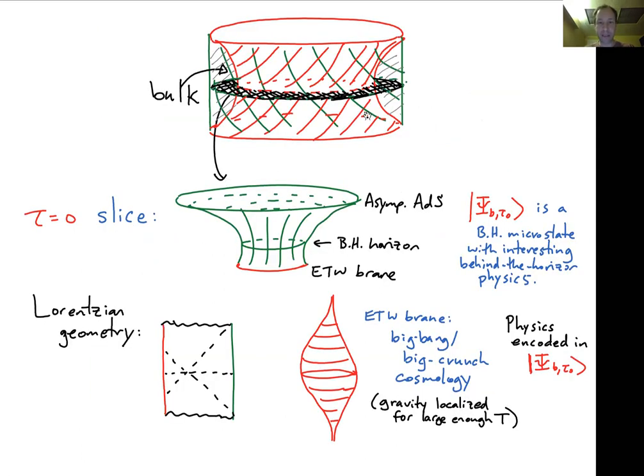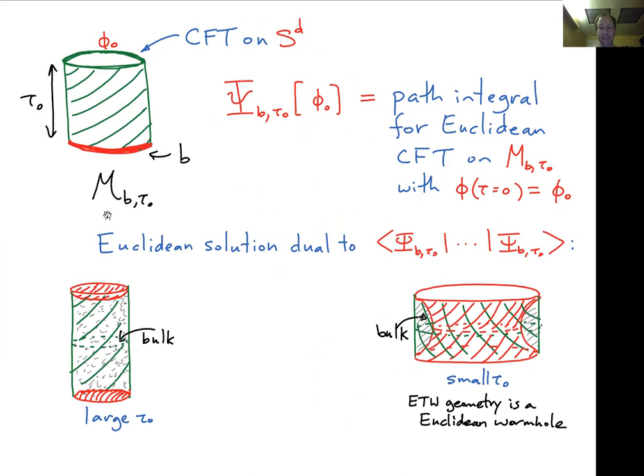I'll just skip ahead to what it looks like. It's a black hole geometry that outside the horizon just looks like a Schwarzschild black hole. This is probably the best picture to look at. This is the spacetime picture of the dual of a state like this.